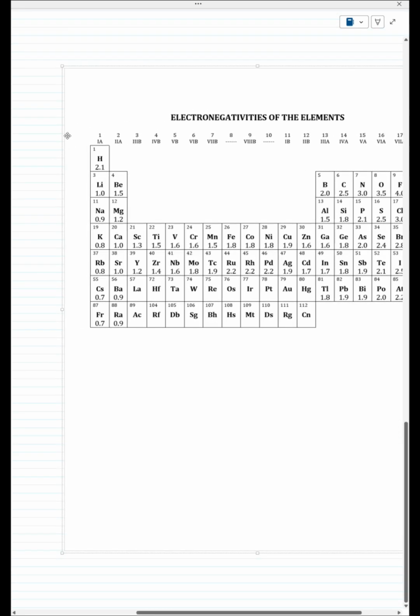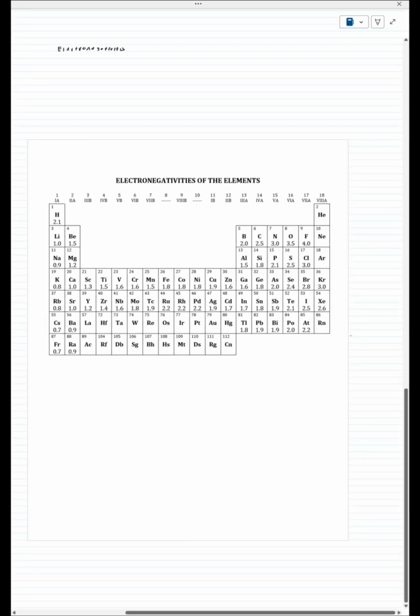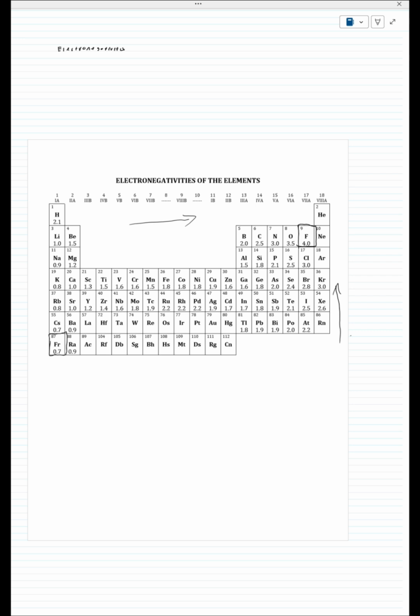electronegativity values increase as you go up and as you go right. So fluorine being most electronegative, Fr being your least electronegative.